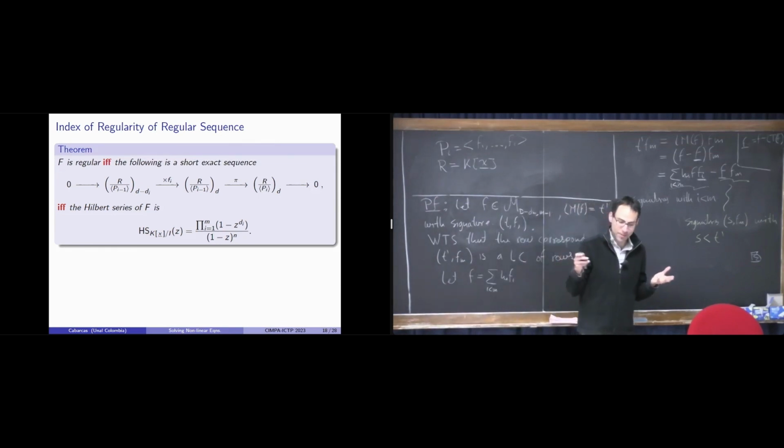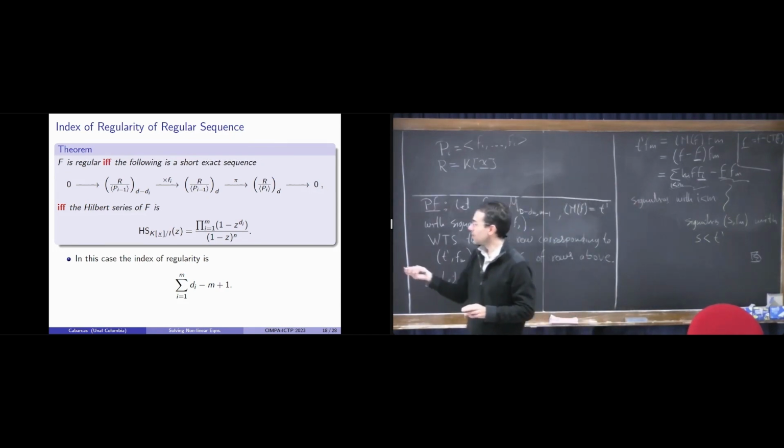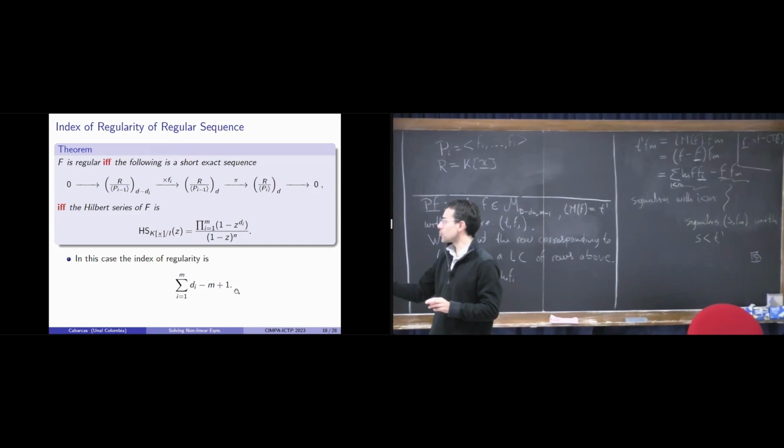Once we have the Hilbert series, we know everything about it. We also know the index of regularity. So the index of regularity is exactly the sum of the di's minus m plus 1.